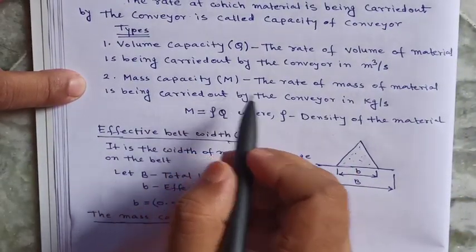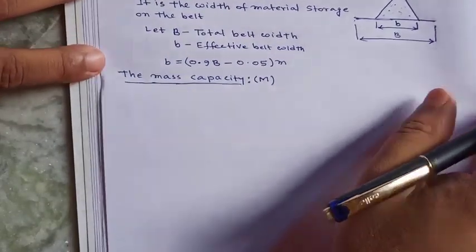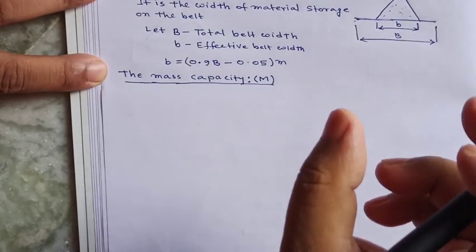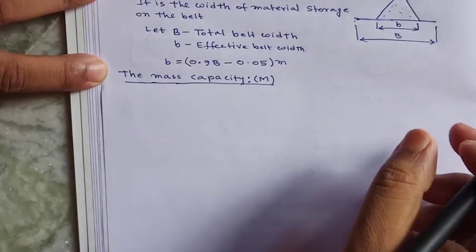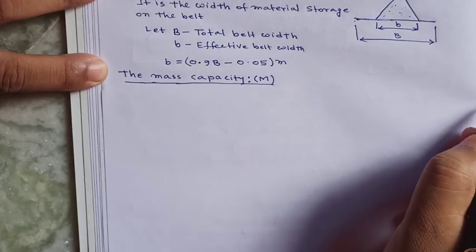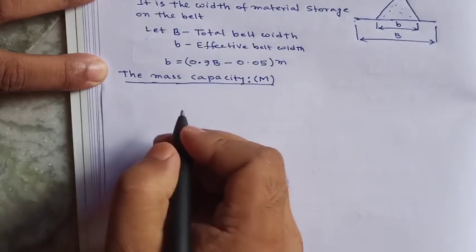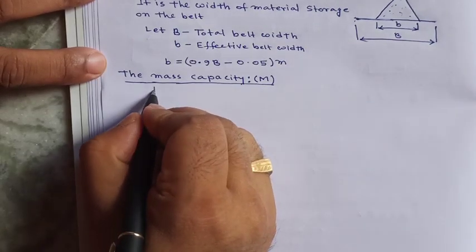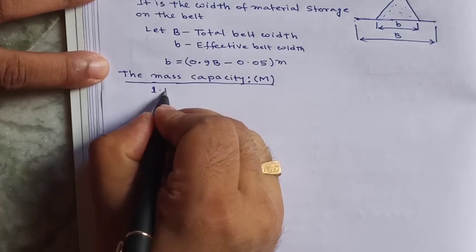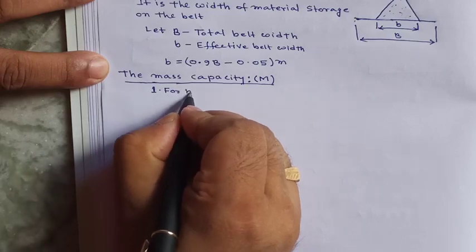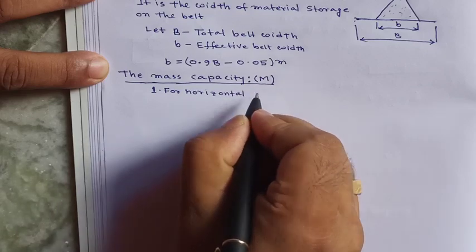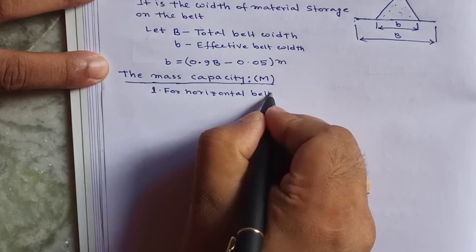This belt can be horizontal belt or inclined belt. Actually, this belt can transfer the material in horizontal line or in inclined line. So it is generally two types. So first I am discussing about the horizontal belt conveyor.